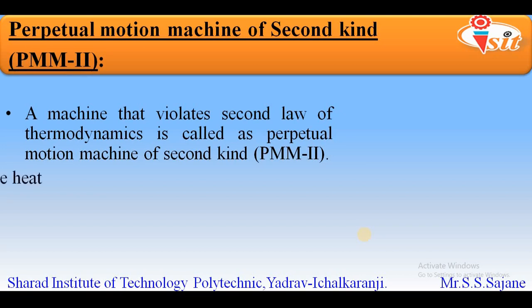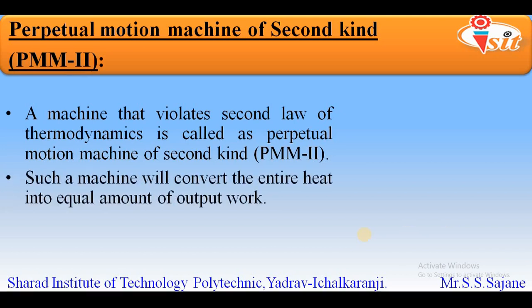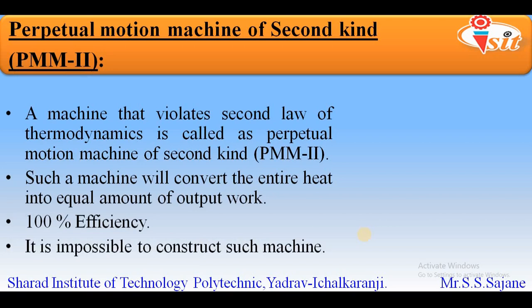Such a machine converts the entire input heat energy into an equivalent amount of output work. We have studied this in the second law of thermodynamics in the Kelvin-Planck statement, that such a machine is practically not possible, which will convert 100% input heat energy entirely into 100% output work.